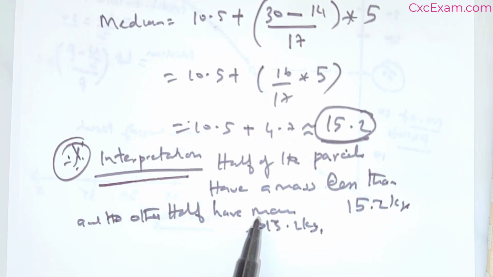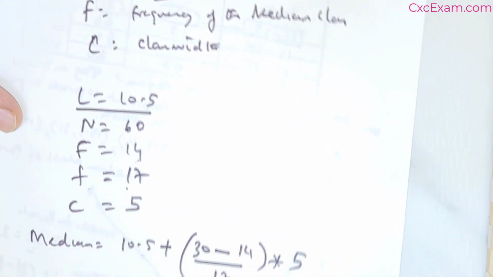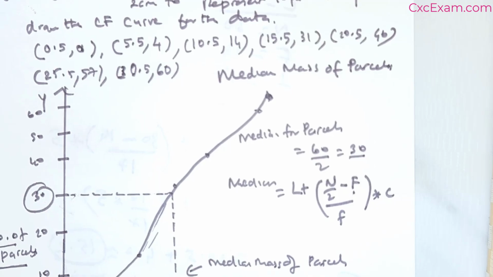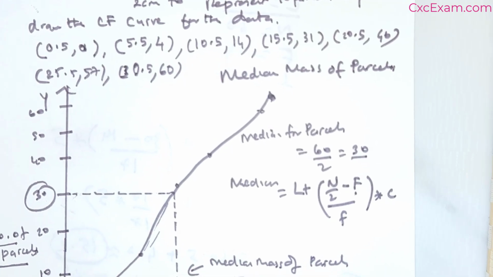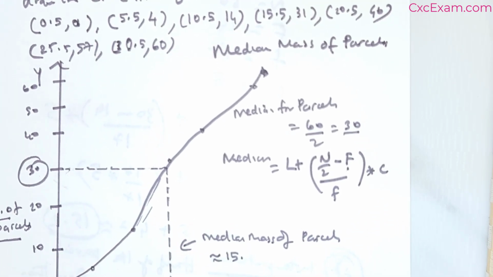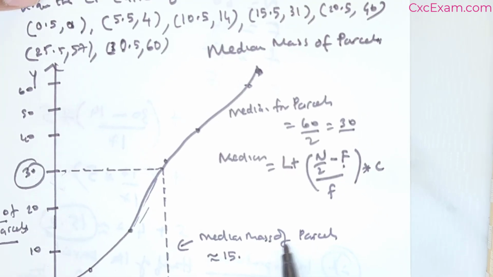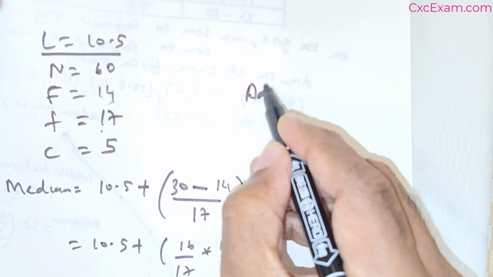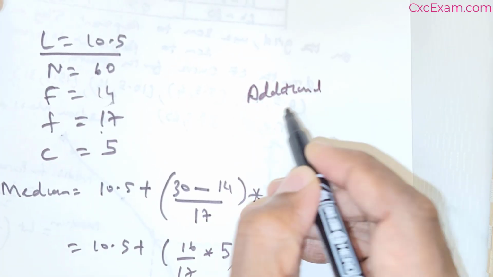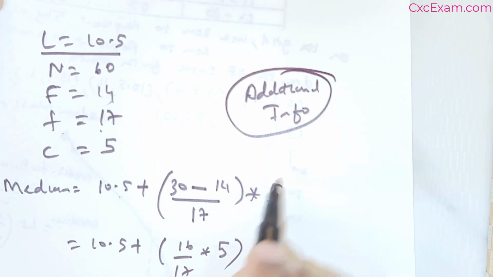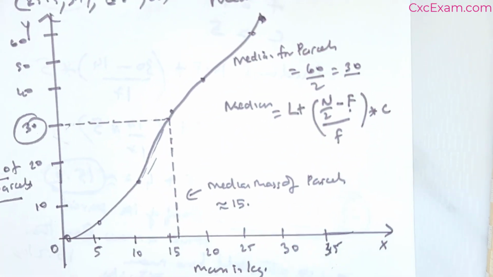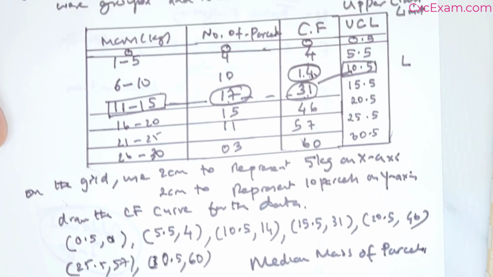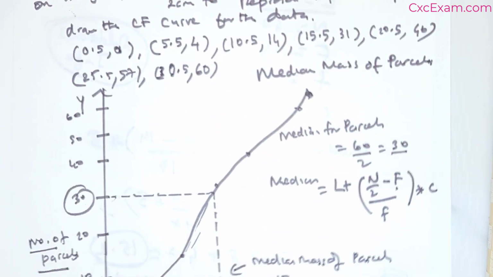You will have to write this interpretation, not the working of these mathematical steps to get the median mass of the parcel, because that is not required. This is additional information for your knowledge. Okay, so this is the conclusion of this particular question. So we move on to the next one.